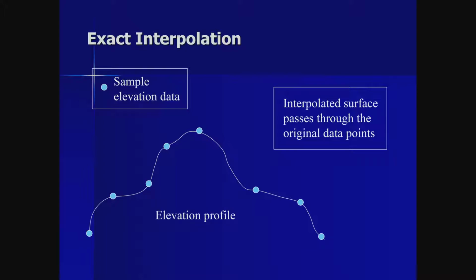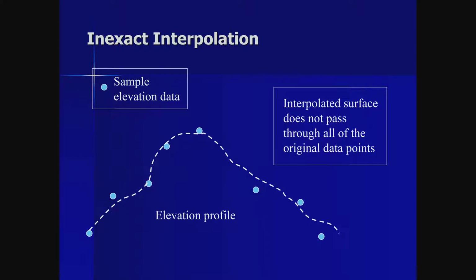That's what an exact interpolator does. An inexact interpolator doesn't pass through all the original points. It follows a trend usually.